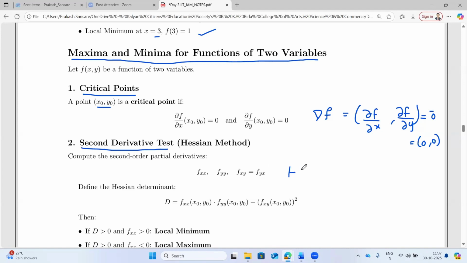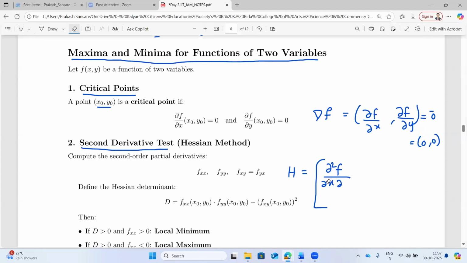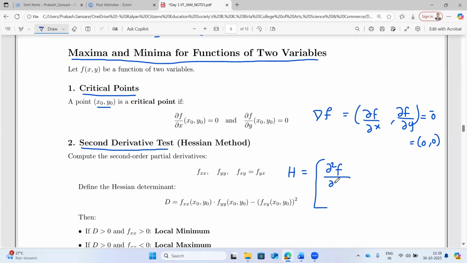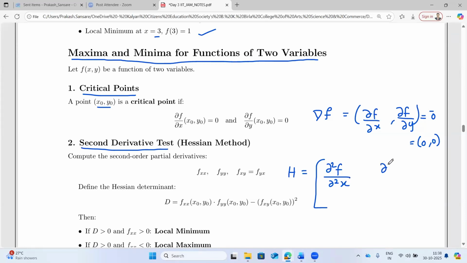So what is the Hessian matrix? H is equal to dou 2f upon dou x square, dou 2f upon dou x dou y, dou 2f upon dou y dou x, and dou 2f upon dou y square.